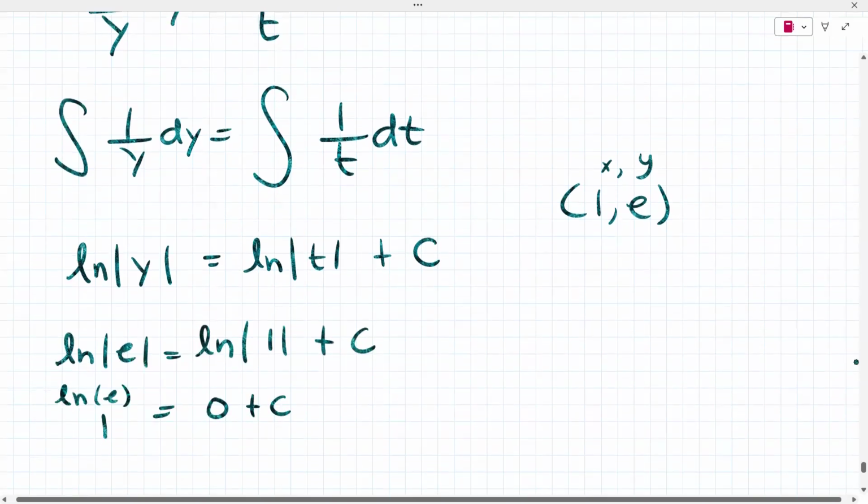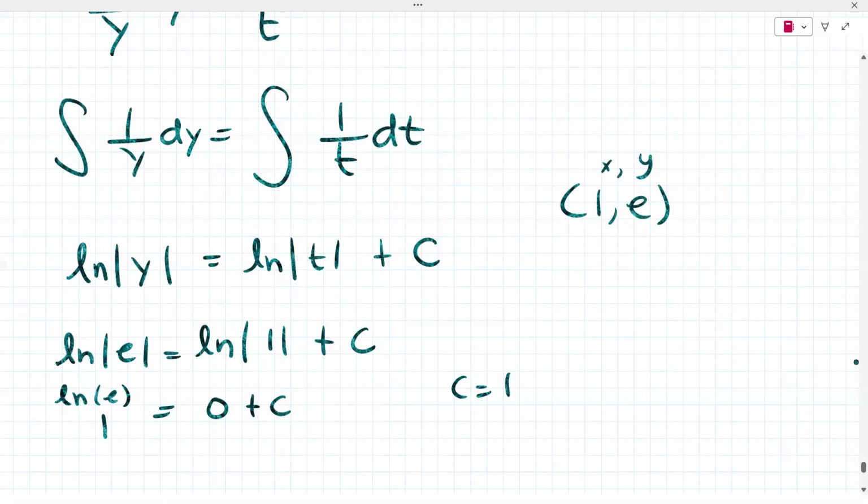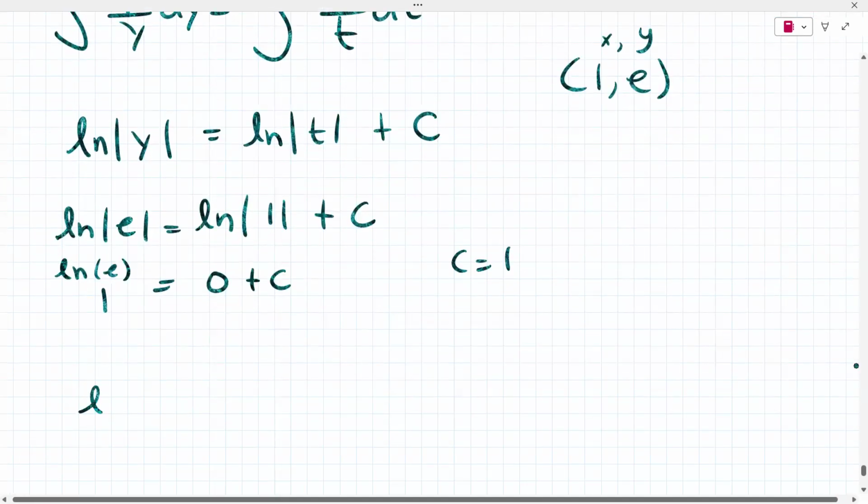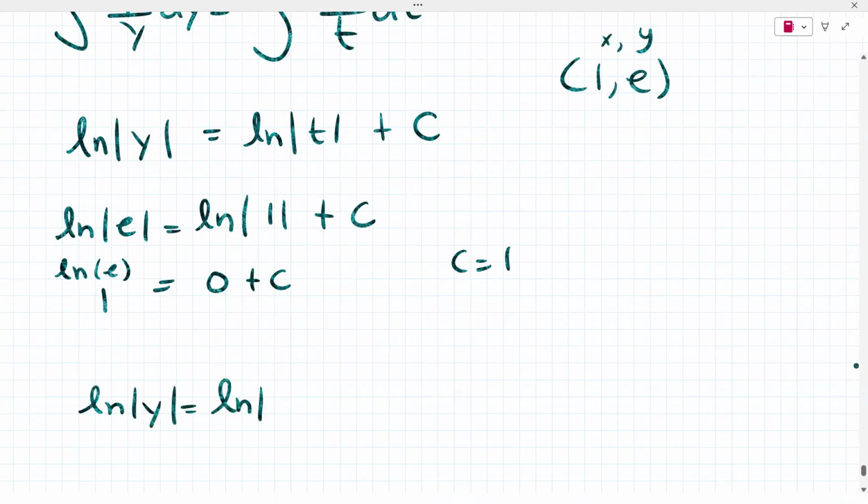So your c is 1. So now we have, if you go back, ln of absolute value y equals ln of absolute value of t, plus your c value, which is 1.